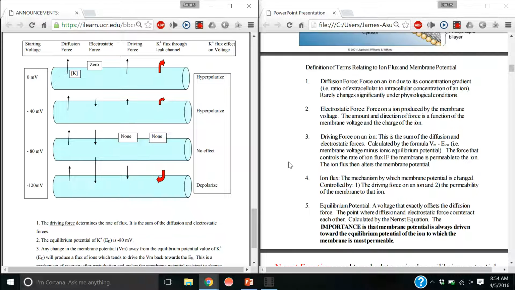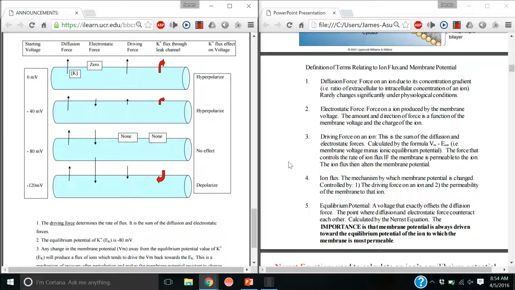Back to the first example, diffusional force on potassium, high concentration inside, diffusional force is outward. At 0 millivolts, there is no electrostatic force, so diffusional force is the only game in town. Driving force is the sum of these two. Driving force on potassium is the sum of the diffusional force and the electrostatic force.